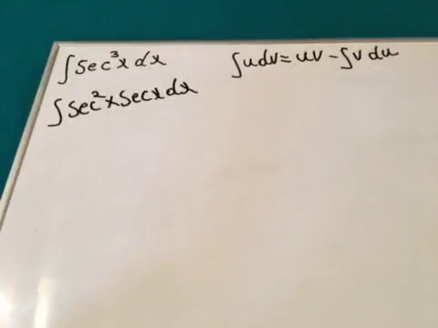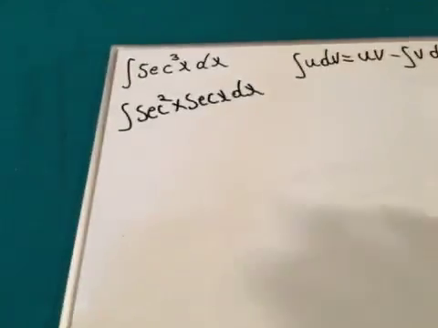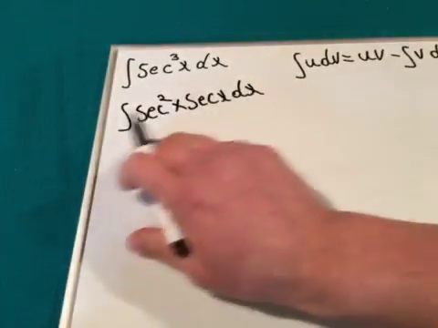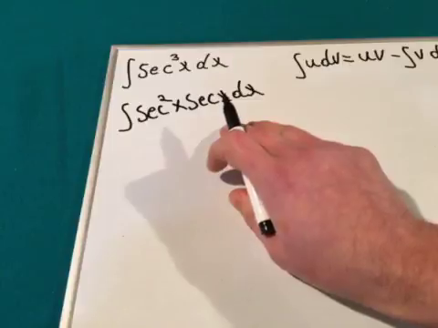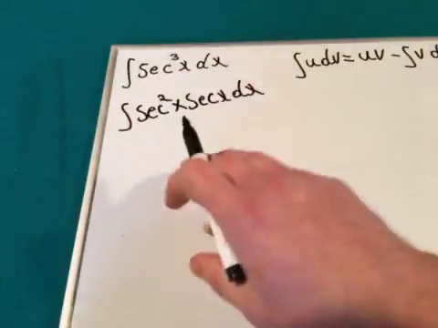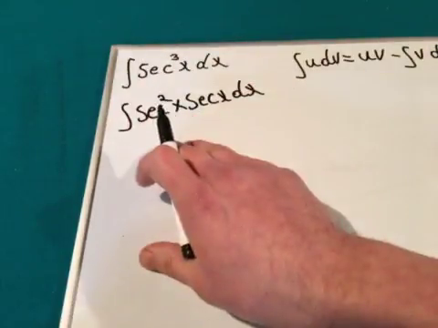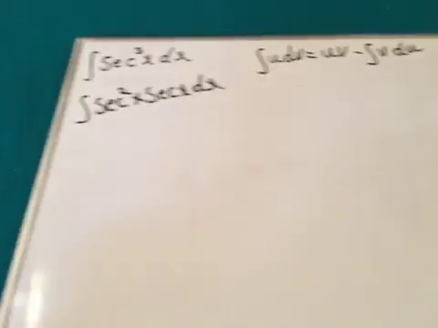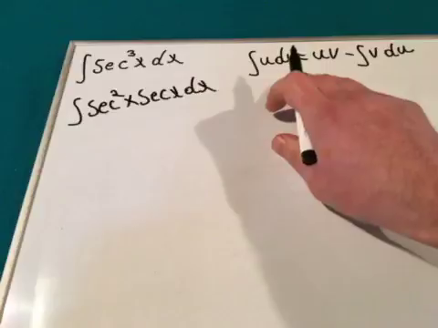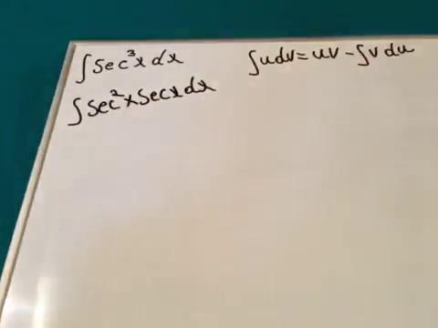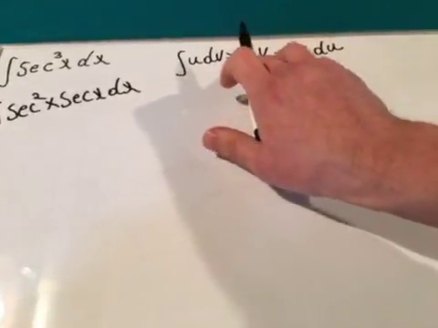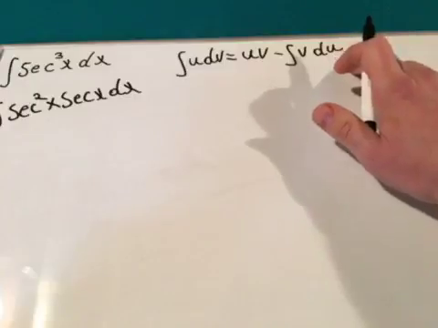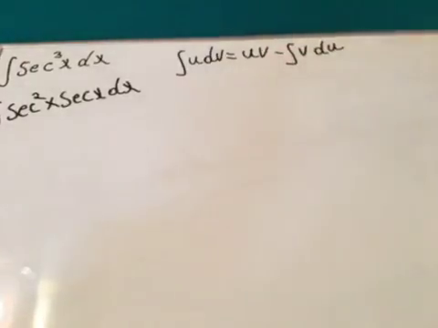Okay, so what the heck does that mean? Well, it means if you've got this integral here, and you can let one thing be u, and then everything else be dv, right? Then you have u times dv, well then that integral will be the same thing as uv minus this new integral.